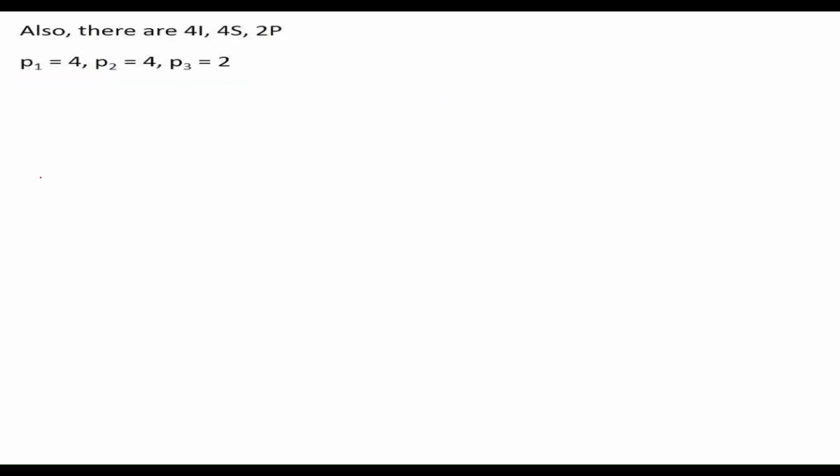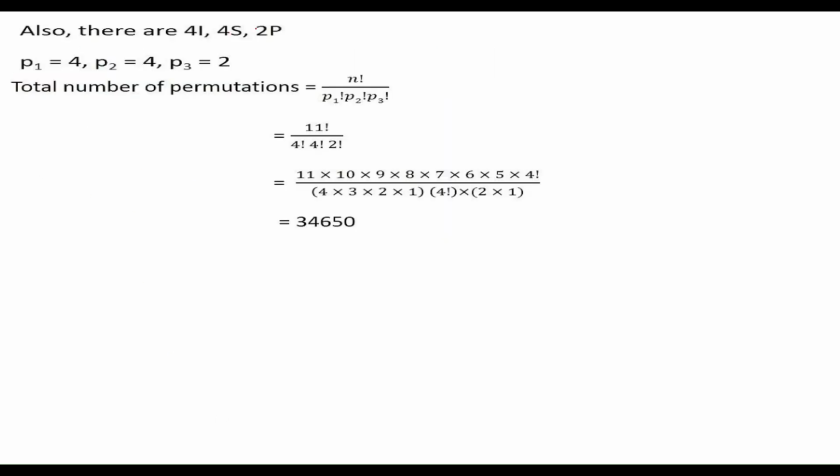Now we will solve this. The value of n is 11, p1 is 4, p2 is 4 and p3 is 2. We will open up 11 factorial: 11 into 10 into 9 into 8, 7, 6, 5, 4. We stop at 4 so that we can cancel.